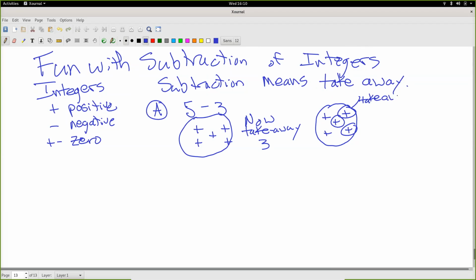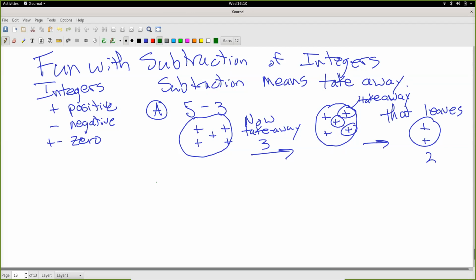I could have drawn that in the first picture, but I'm going to do a sequence here of pictures. So that was my first step. And now I'm going to take away, and I'm just going to make a note that that leaves 1, 2. So the answer is 2. You could have done this with just one picture, making a note of what you're doing there. That would have been okay too.